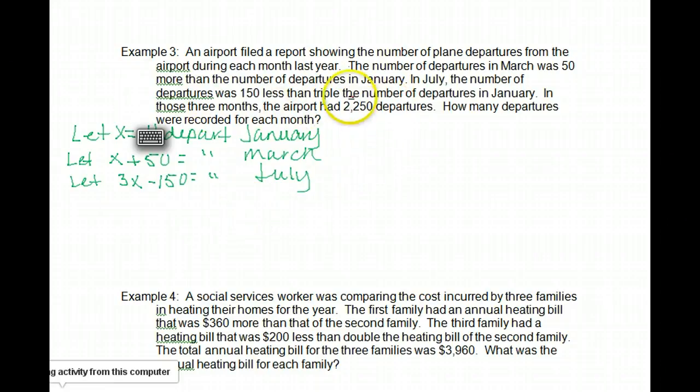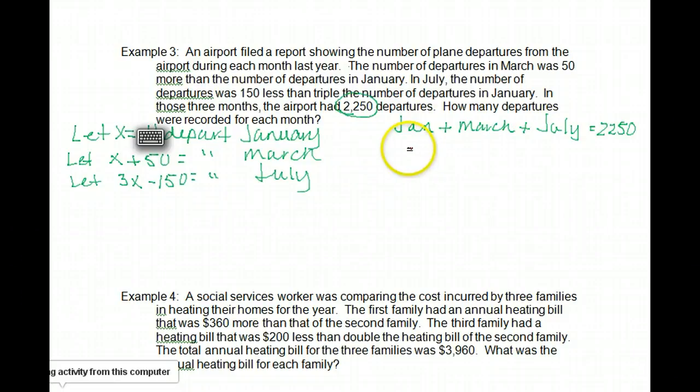They also told us that there was a total of 2,250 departures combined for all 3 months. So that means that I need to take January plus March plus July, and that total was 2,250. Well, what did we use to represent January? We used X. We need to add that to whatever we used for March, X plus 50.